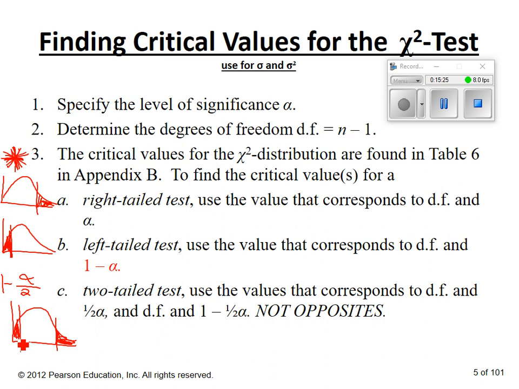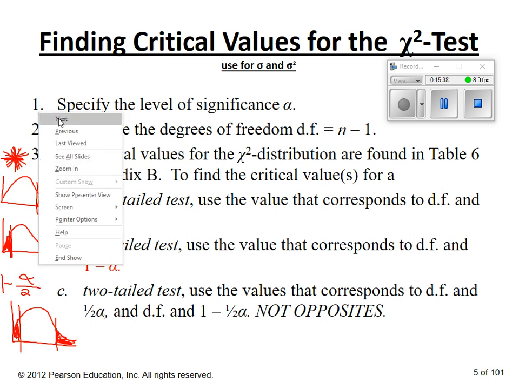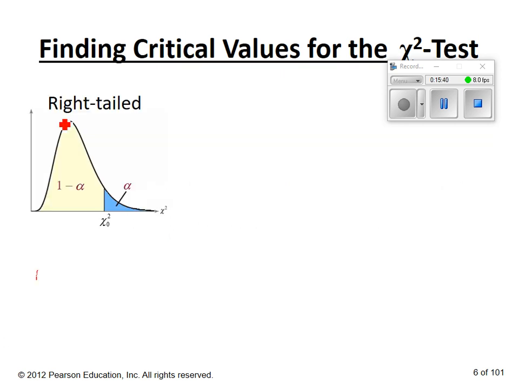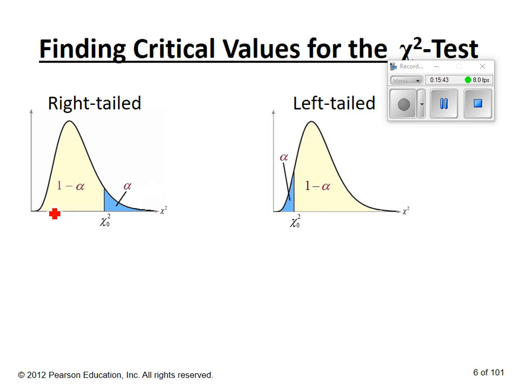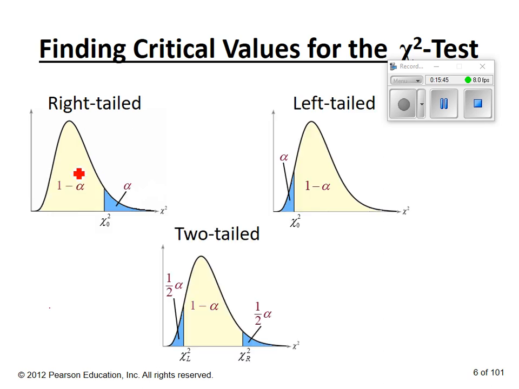We'll do more of this, I'll show you here in a minute on the other slides. But each one's a little different, so you got to watch what you're doing with these chi-squares. With a right tail, you just use the chart. Left tail, you do 1 minus alpha, then use the chart.